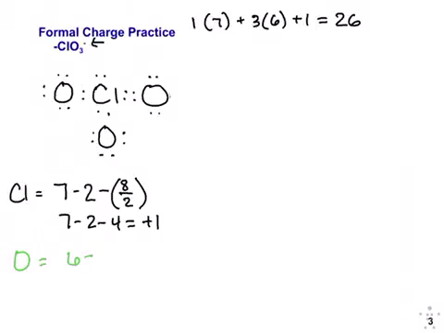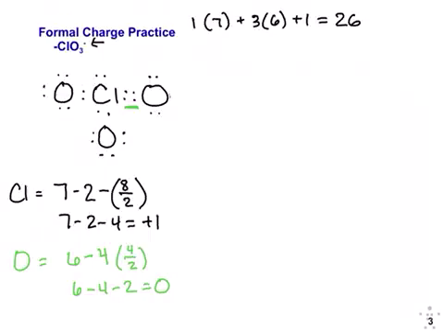How many unbonded does it have? 4. Involved in the bond, how many are there? In this bond right here, we have 4. So here we have 6 minus 4 minus 2 for a formal charge of what? 0. This is great. We like it when the formal charges are 0.